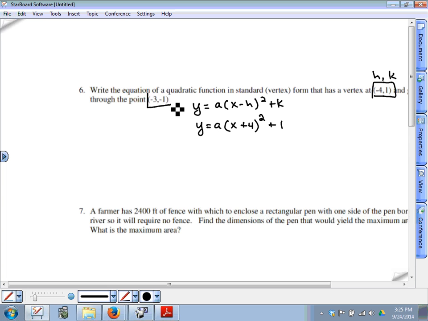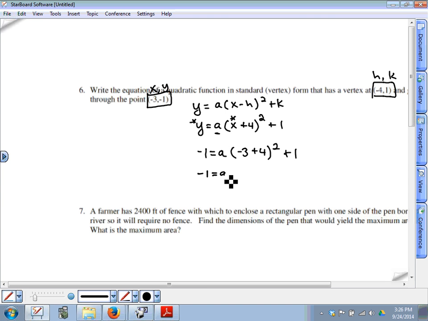And then they give us another point through which the graph crosses. That gives us another x and a y value we can plug in for this x and this y right here to find the value of a. So y equals negative 1. We don't know a. X is negative 3 plus 4 squared plus 1. Negative 3 plus 4 is 1. 1 squared is 1. 1 times a is a.